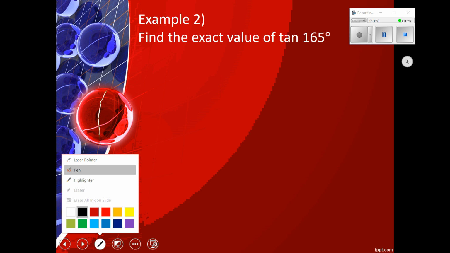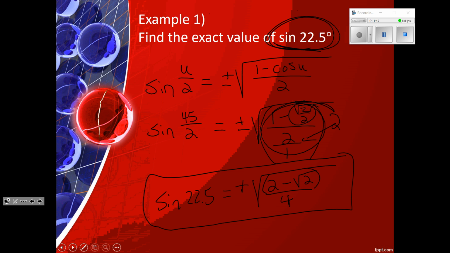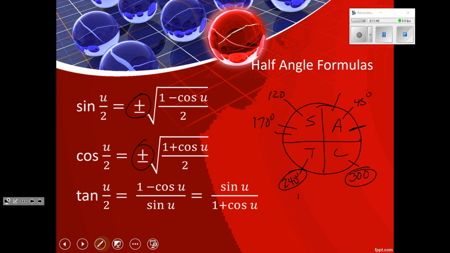So let's first write down our formula. Now, if you go back to the tangent, you have a choice, and it really doesn't matter to me. I don't know what y'all like better. Which one do you like better? You like this one? Okay, that's fine. So they want to use this one right here. The sine of u divided by 1 plus the cosine of u.